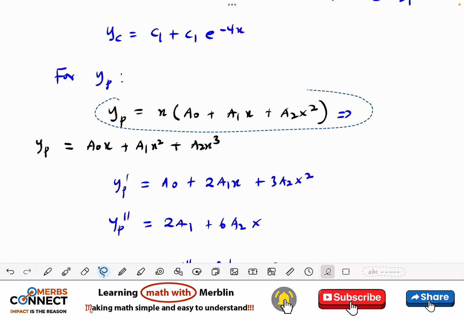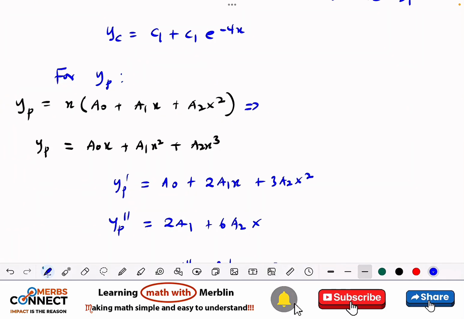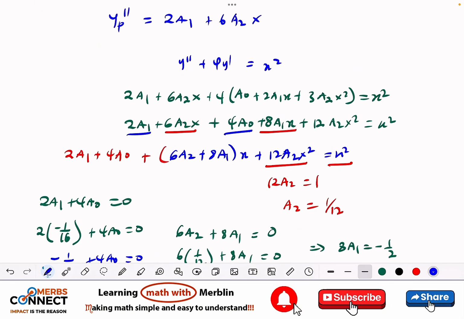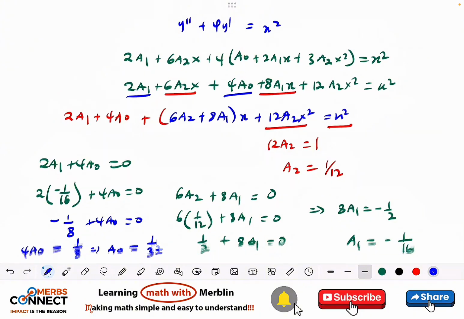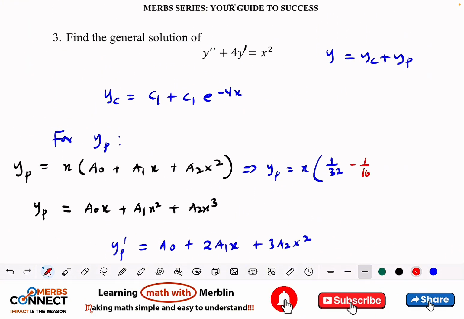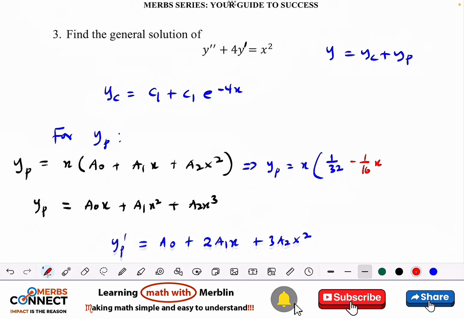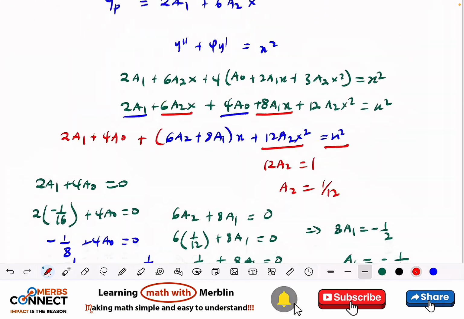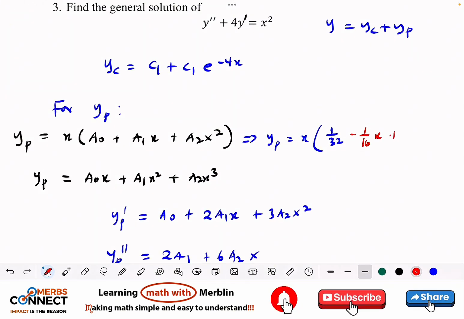It's the same thing, but I just want to have the constant term standing alone. So yp will be equal to 1 over 32, a1 is minus 1 over 16, so minus 1 over 16 x. And then a2 is 1 over 12, plus 1 over 12 x squared.